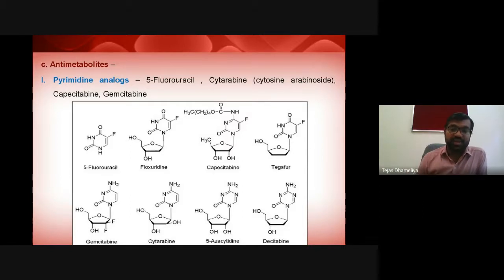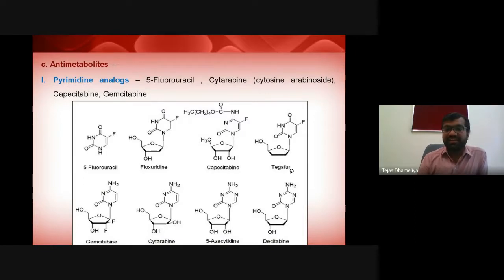Here the cytosine analog is capecitabine, and tegafur is also that kind of analog. But the structural difference in capecitabine is that fluorouracil is connected to this 5-membered sugar, and there is an n-butyl ester linkage in capecitabine.